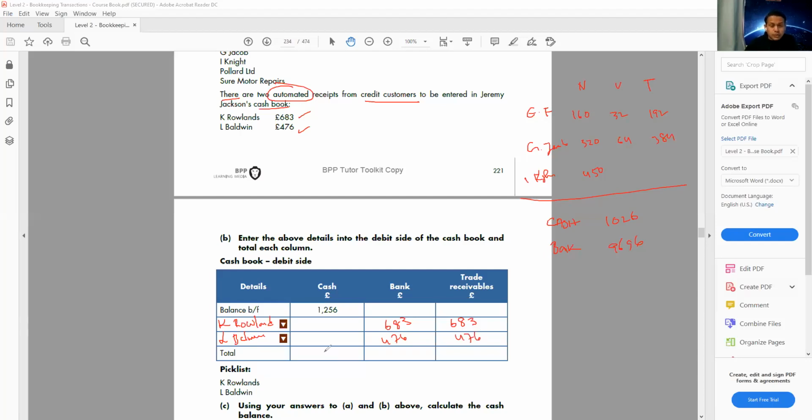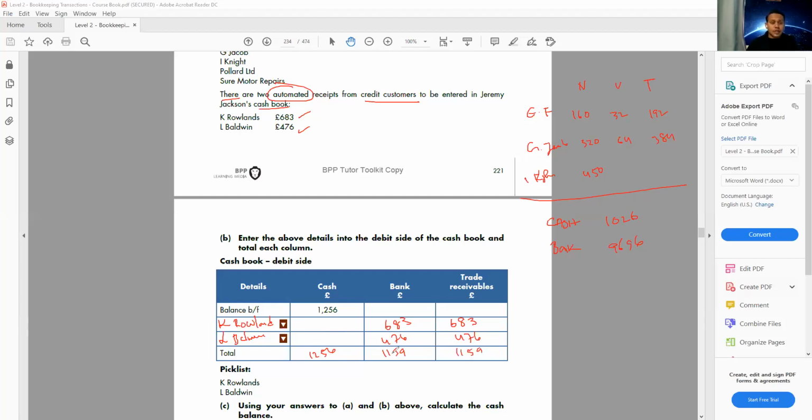Now on the cash, we didn't receive any cash, so this is the only cash we have, 1256. How much is the bank here? If we add the bank, 683 plus 476, that's 1159. Very well done, Sharon. So 1159, that is 1159 as well.